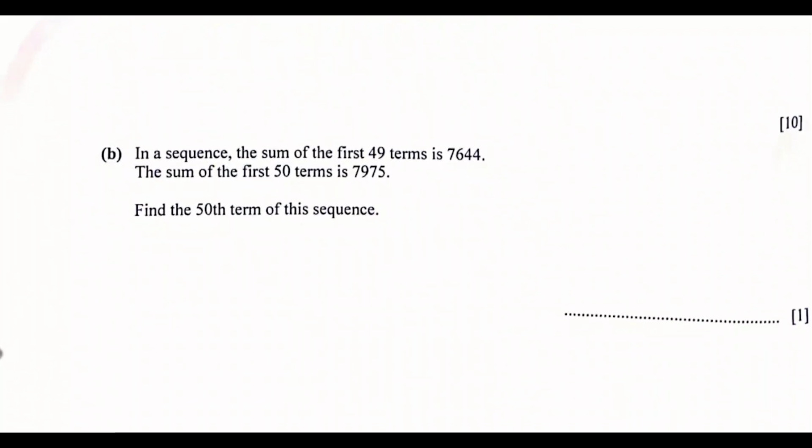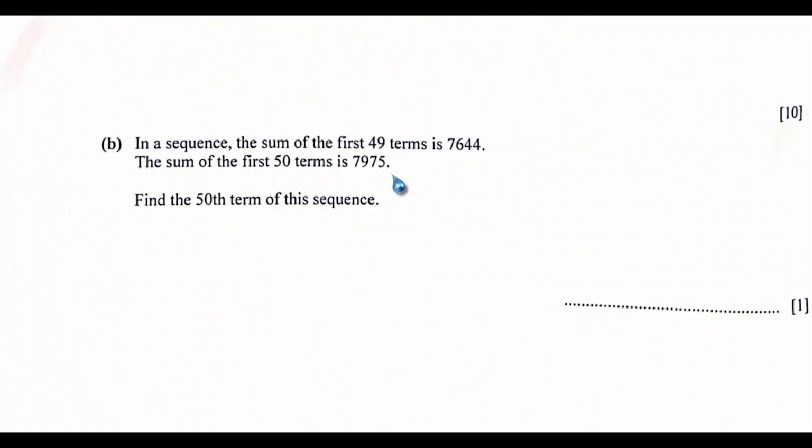In a sequence, the sum of the first 49 terms is 7,644. The sum of the first 50 terms is 7,975. Find the 50th term of this sequence. So the 50th term will be the sum of the first 50 terms minus the sum of the first 49 terms.